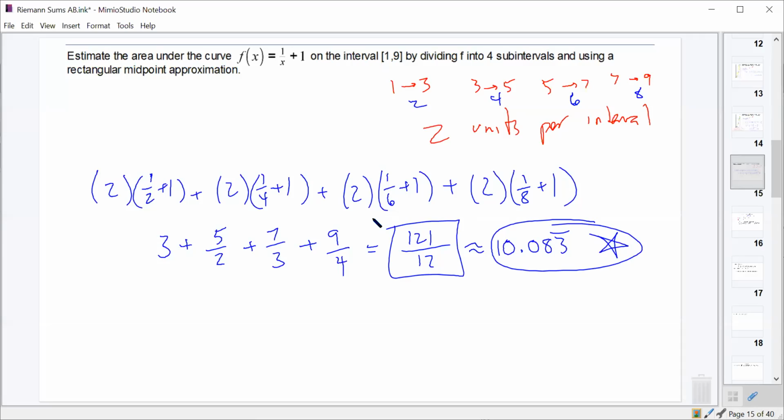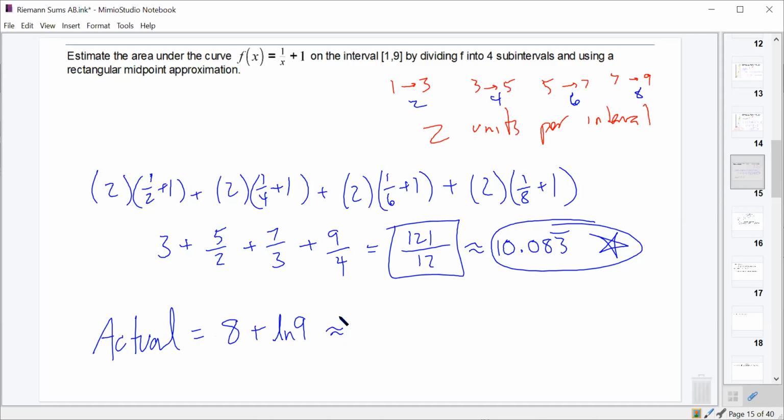Any of you gone ahead and learned all the things that you're supposed to learn later this year? No? Anybody? All right. Well, then I'll tell you that the actual value should be 8 plus the natural log of 9. That's the actual exact value.